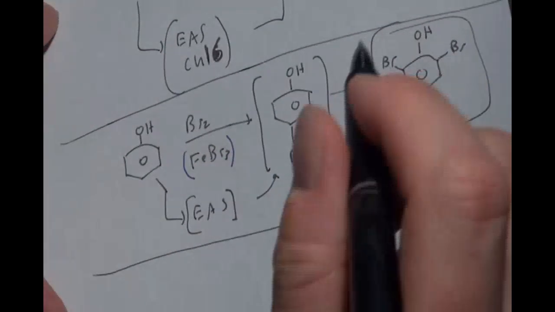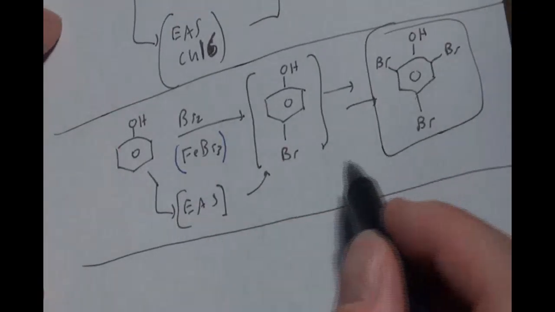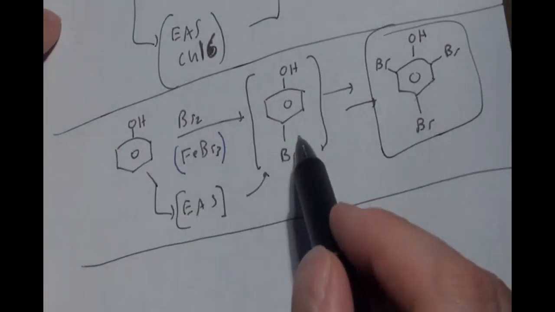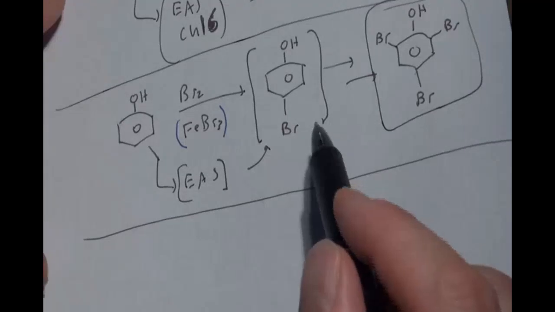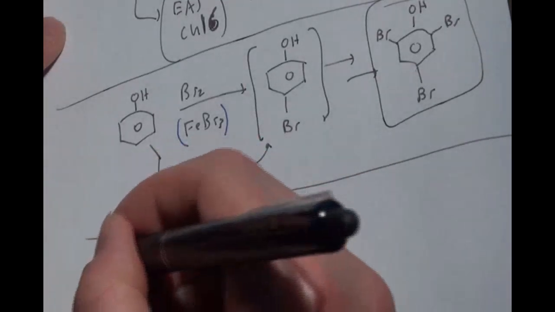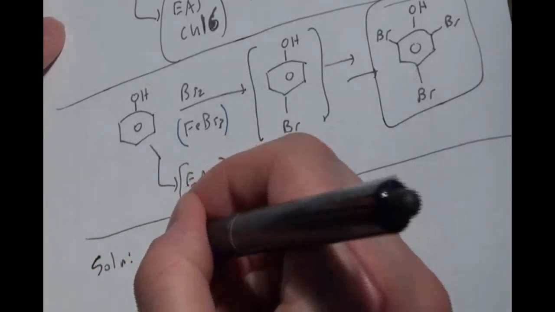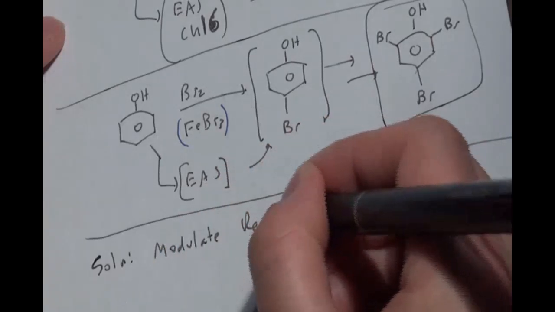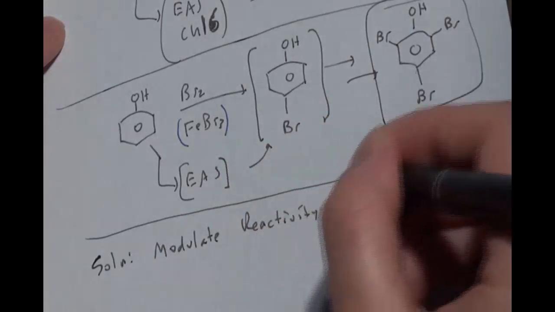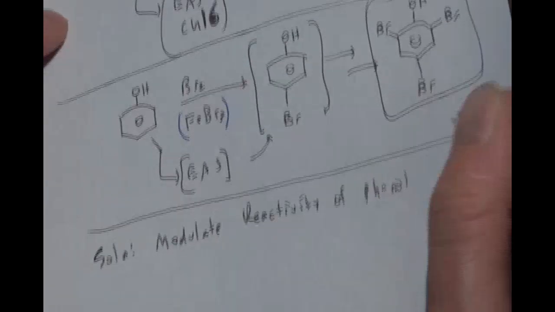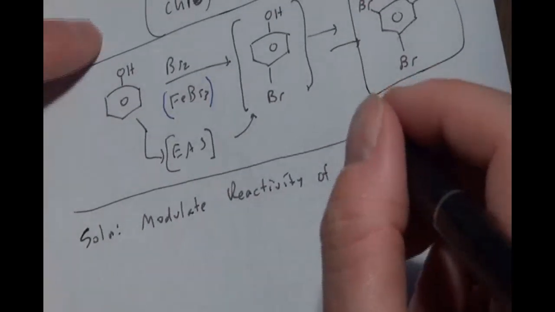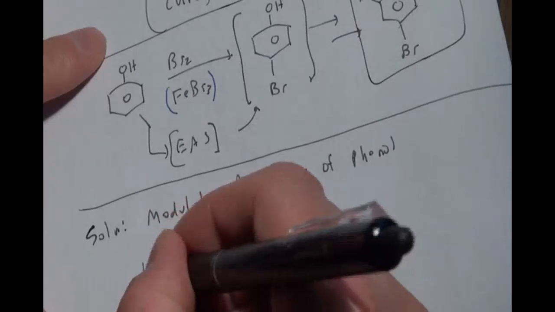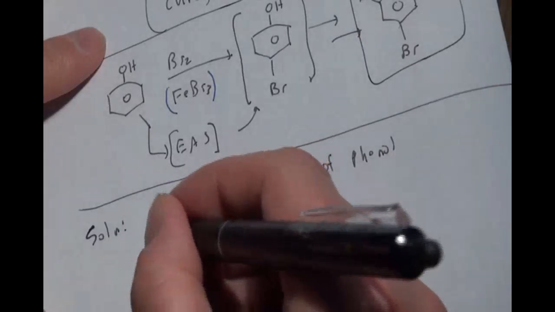So what's the solution to this reactivity problem, if we want to actually form a mono-bromo product? A solution: modulate the reactivity of the phenol. For example, there are two ways to do it.